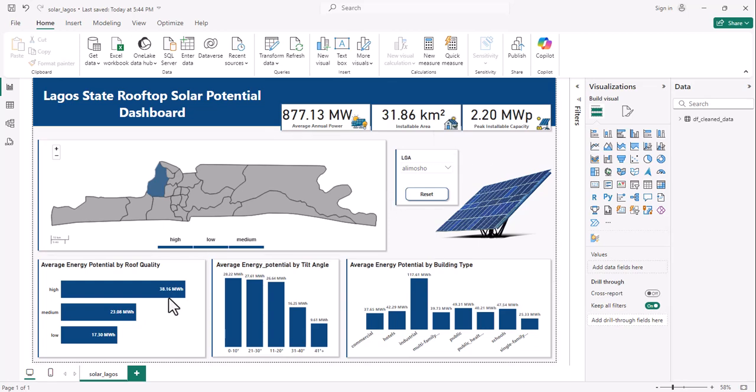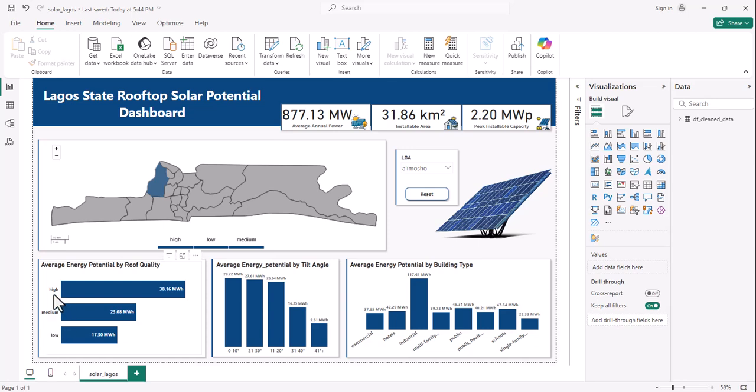Then coming down to the average energy potential by the rooftop, we found out that the quality of the rooftops differs. There are some rooftops that are good enough, those are high, while there are some where the quality is medium, and some where the quality is low.